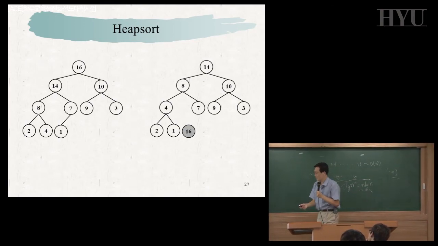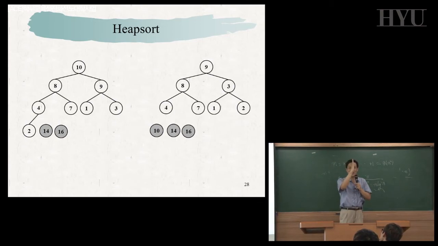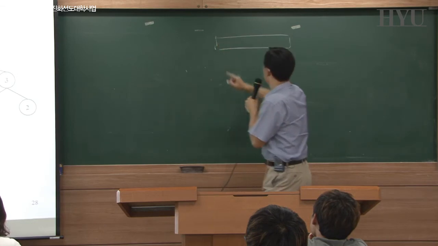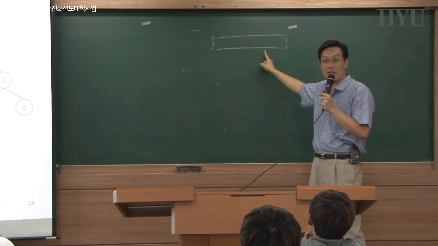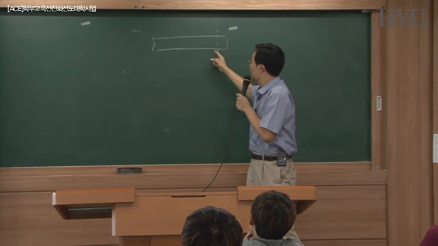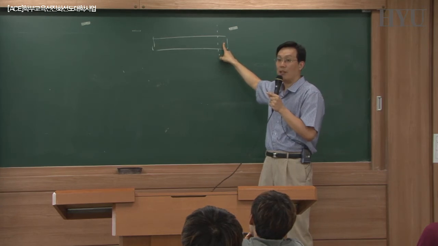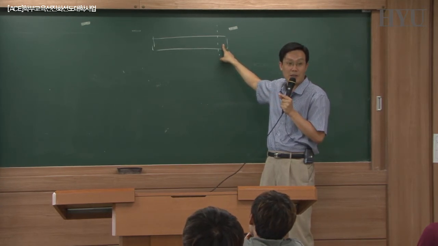And step by step, the barrier is moved inside the array. Originally, this array is a heap. And after an iteration, the heap is reduced like this, and this part is a sorted part.